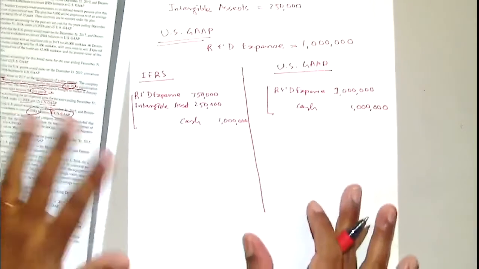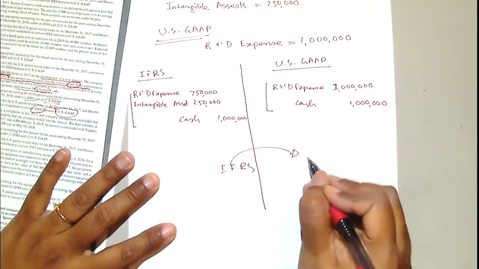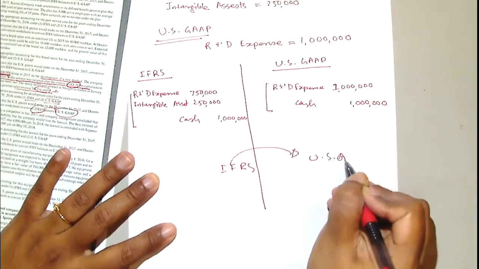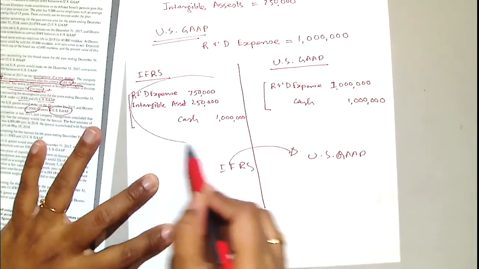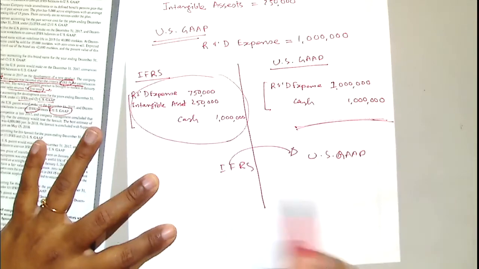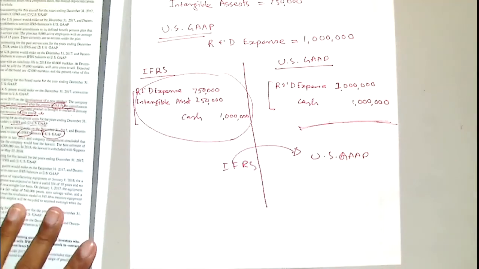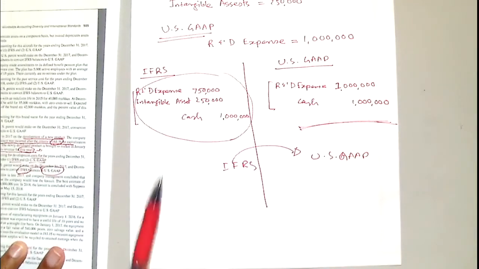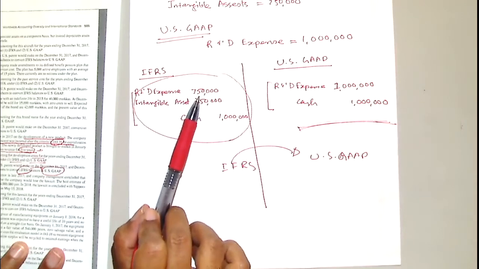Now they say you have to convert it from IFRS to US GAAP. That means we already have these IFRS numbers, but we want to show US GAAP numbers. How could you convert it? First, let's see the R&D expenses. IFRS expense is understated.